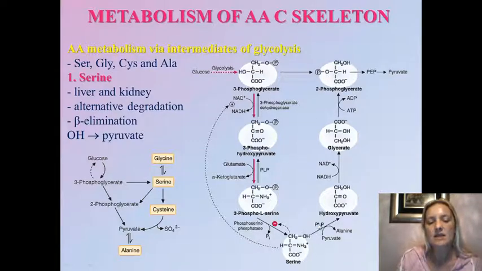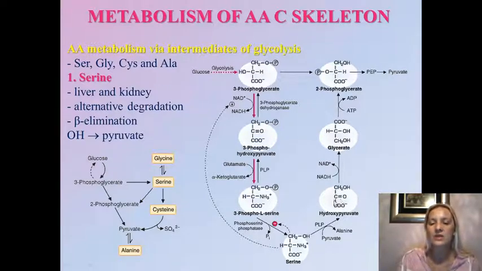Serine is catabolized in 2 ways. The major pathway is, again, a transaminase reaction by the pair pyruvate and alanine, in the presence of pyridoxal phosphate, to hydroxypyruvate. So again, the amino group is eliminated and transferred to pyruvate, and hydroxypyruvate is formed.